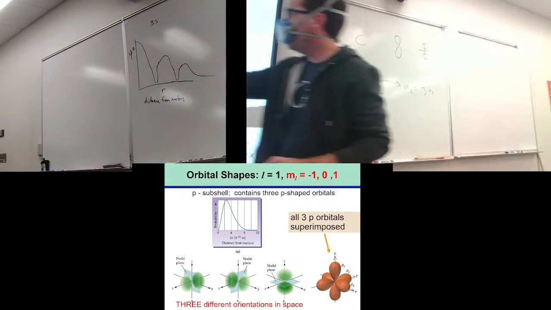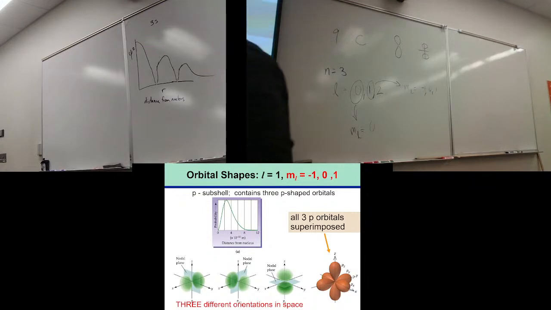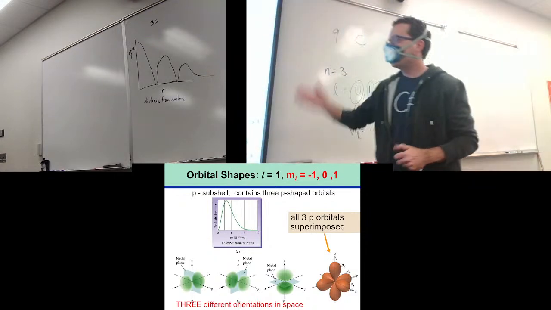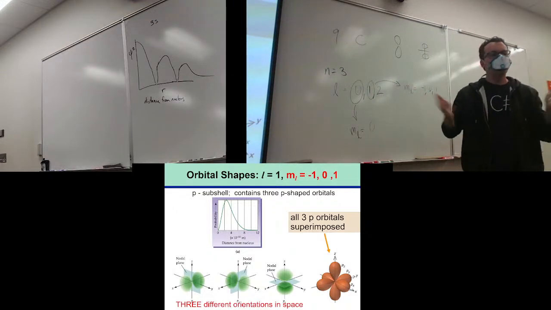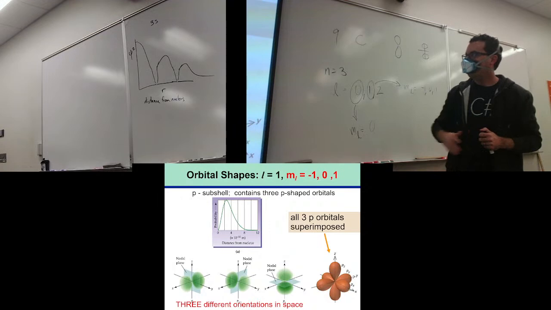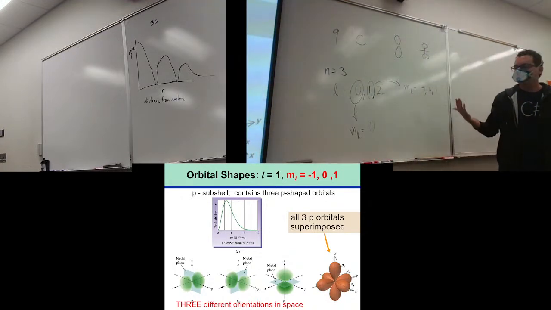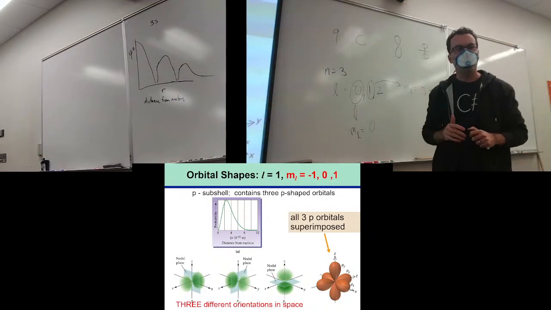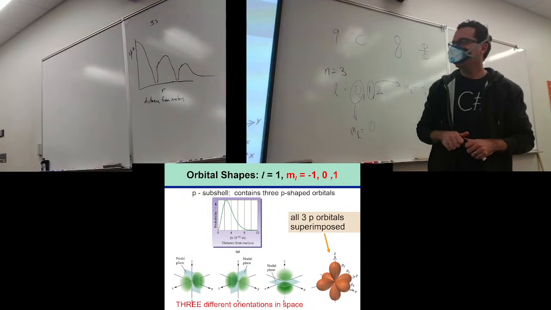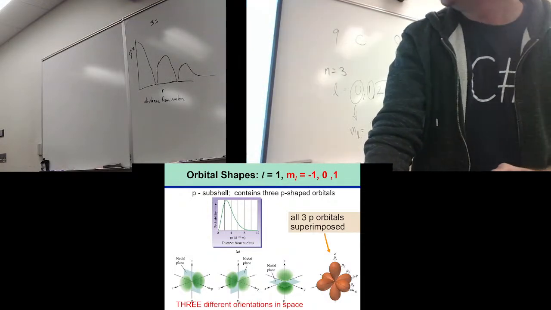One goes in the x direction, one goes in the y direction, one goes in the z direction. And there is a nodal plane at the 0 point, where you have no chance of finding the electron. If you put all 3 together, that's what all 3 of them look like together. Those are just regions where you're likely to find the electrons that are in that p subshell. Okay.